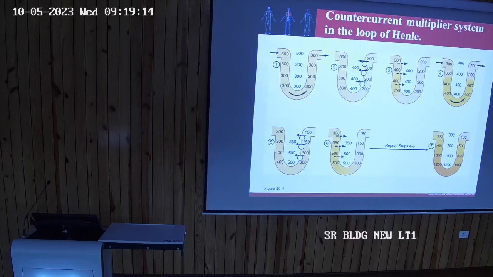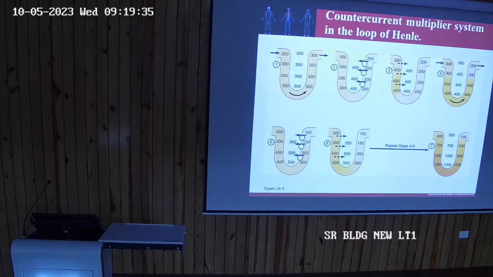So if the concentration of the filtrate in the ascending segment is 300, what will the medullary interstitium be? 500. Clear? So minimum it creates a gradient of 200 milliosmoles.